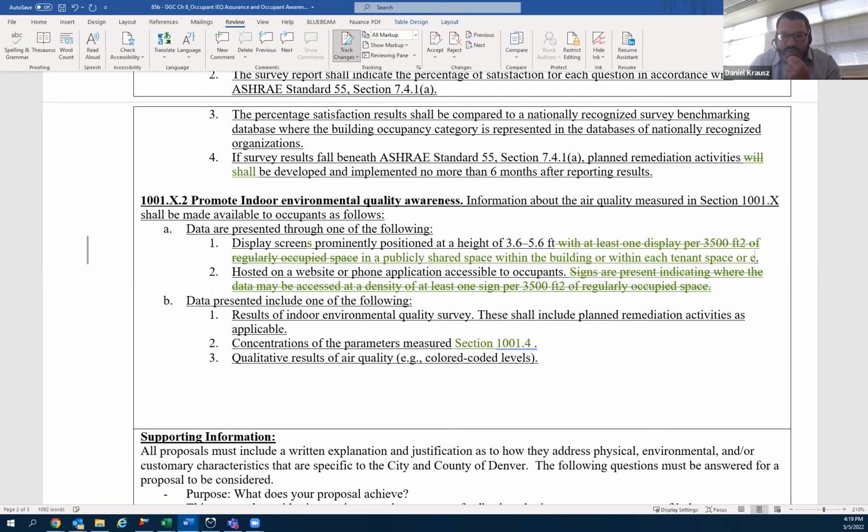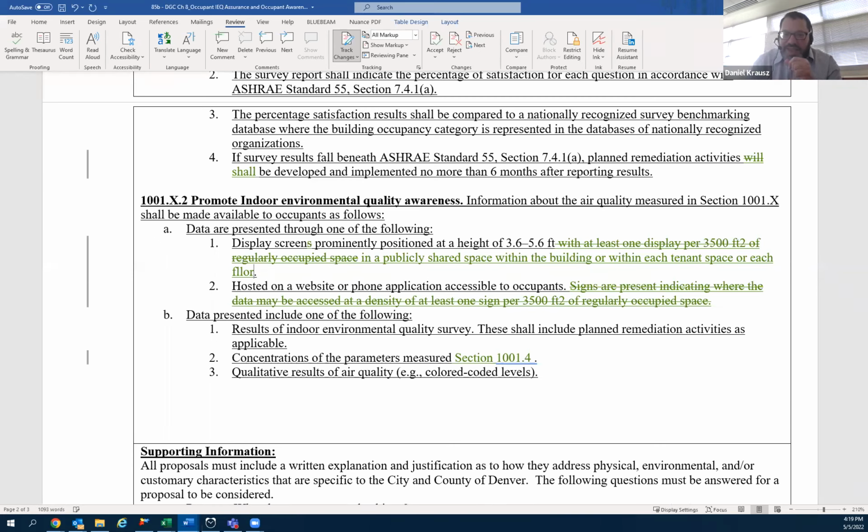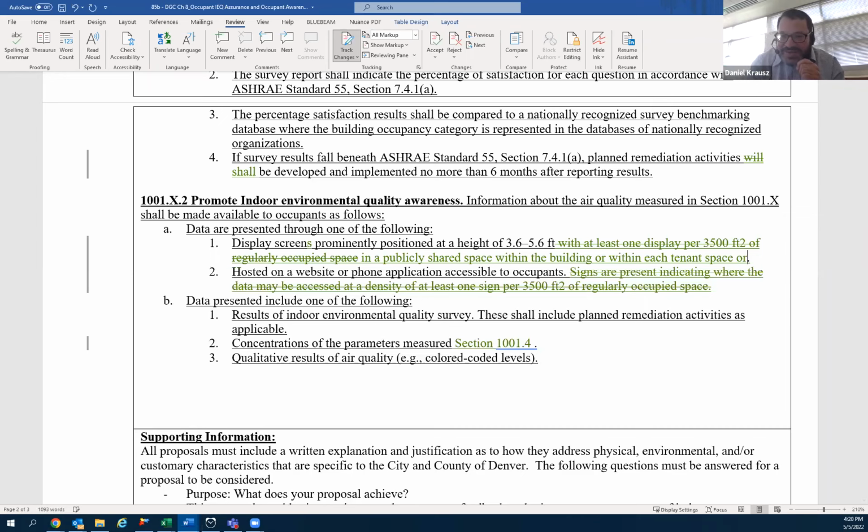Keep the language that was there previously, where it says publicly shared space, right after that, on each story. Do you like story or floor? Stories.